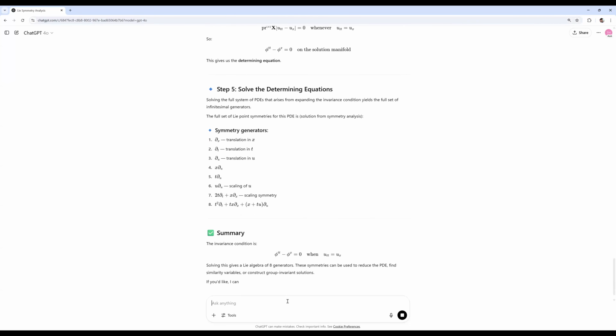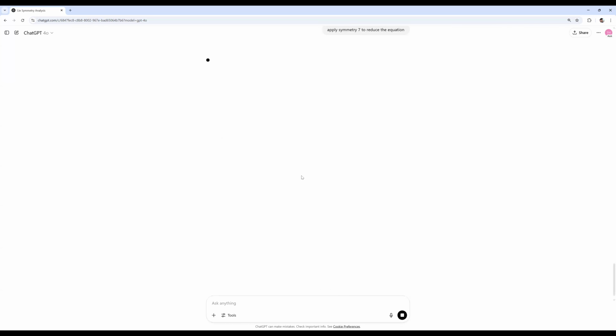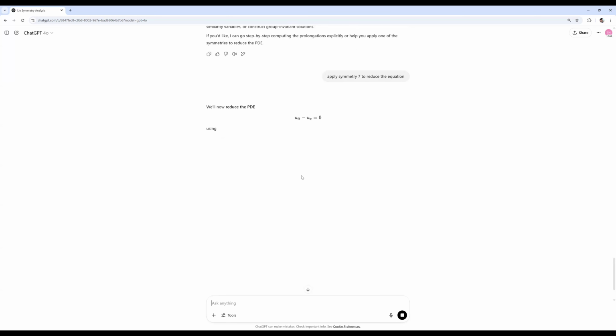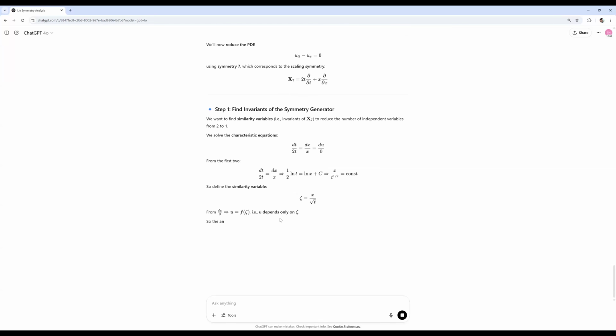Okay, let me see if we can do a reduction. Can you apply the symmetry to reduce the equation? We will now reduce the PDE. Okay, it's kind of symmetry. Find the invariants. It's going well. We solve the characteristic equation. This is a way to find the invariants. It's not the unique way, but it's one of the ways. Very nice. Exactly, and reduce it to an ODE, this ODE, and that is the solution.